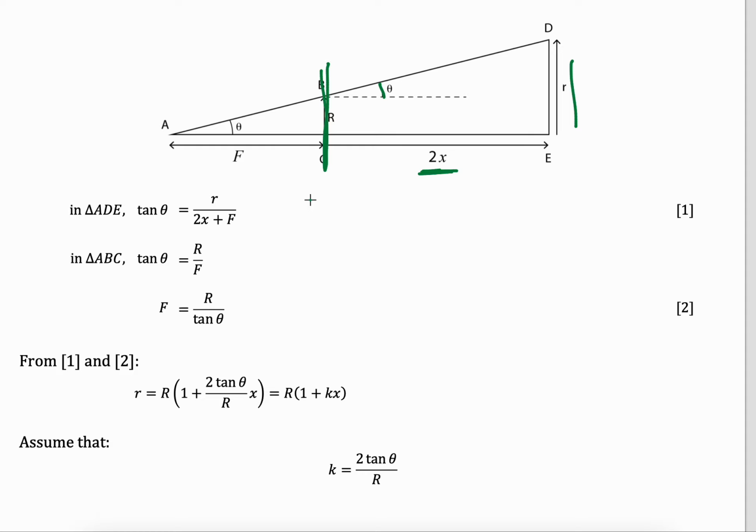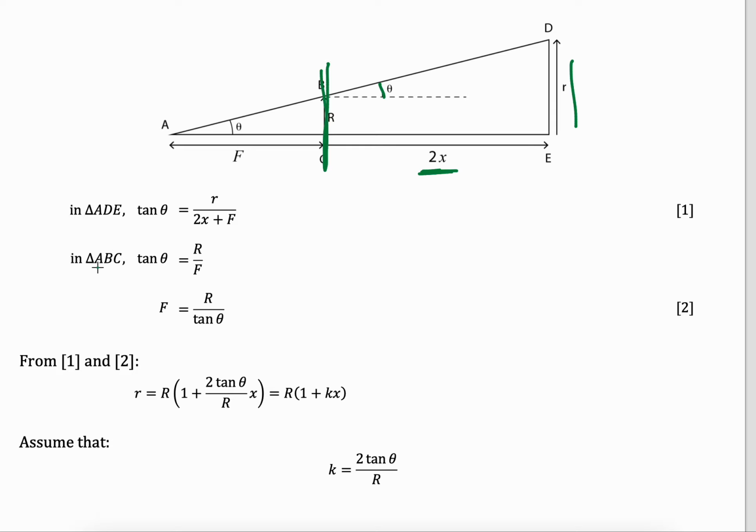From this diagram, for angle DAE, the tangent is r over 2x plus f.